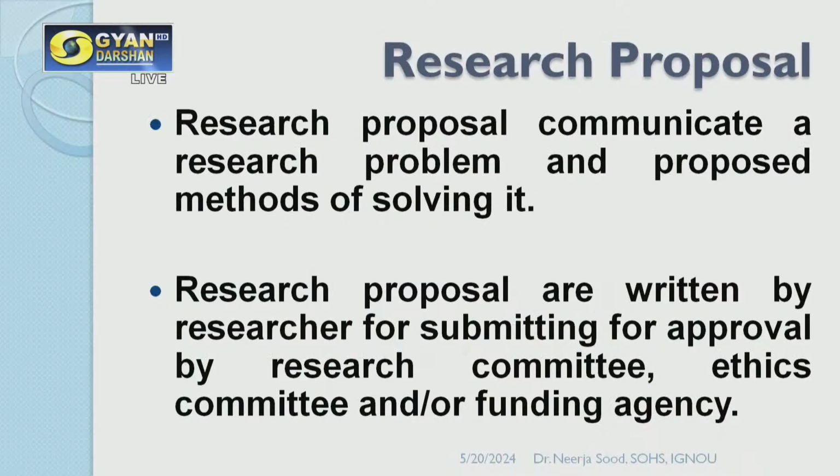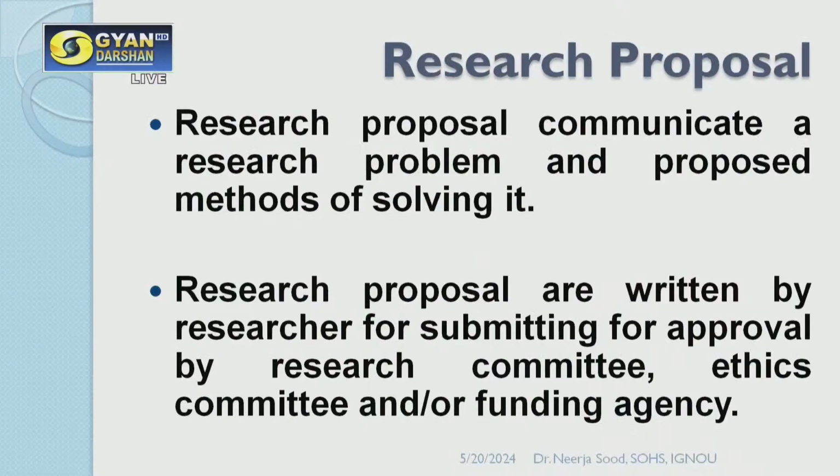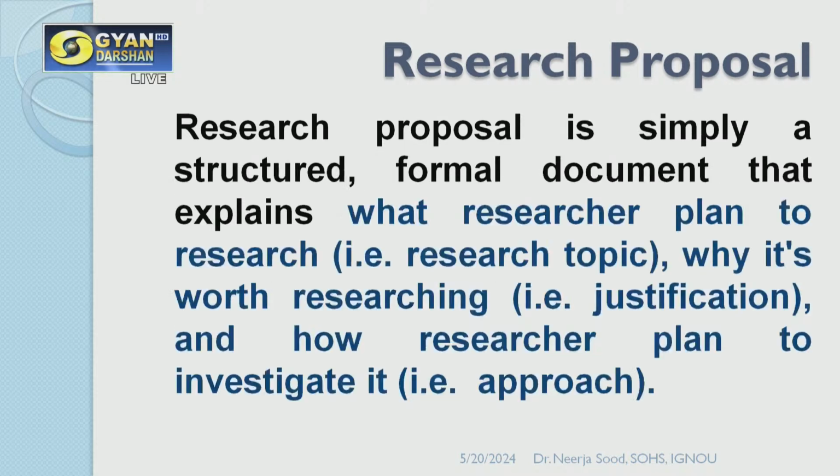A research proposal communicates your research problem and the proposed method of solving it. Once you have selected a problem, how you will solve it and what your method will be, that detailed methodology, which is most important, will come in your research proposal. Research proposals are written by a researcher and submitted for approval to the research committee of the institution, or for funding if there is any funding agency, and for ethical approval to the institutional ethical committee.